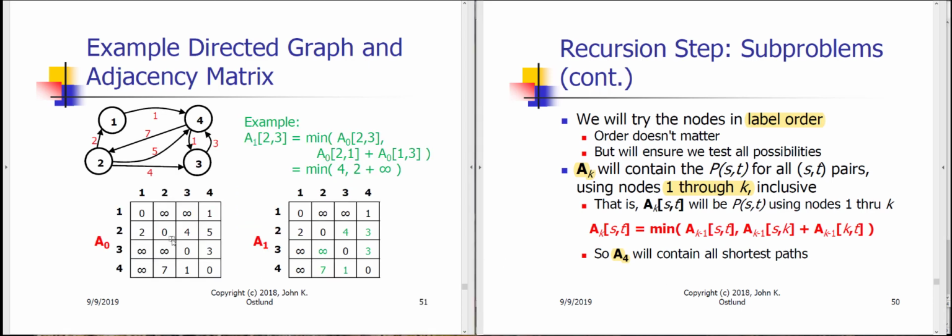So here on slide 51, we have A sub 0, which is our original adjacency matrix. We can think of A sub 0 as being the shortest paths from each source to each target where only direct connections are permitted. Now, traveling from a source to itself is always 0, so we're always going to have zeros on the diagonal.